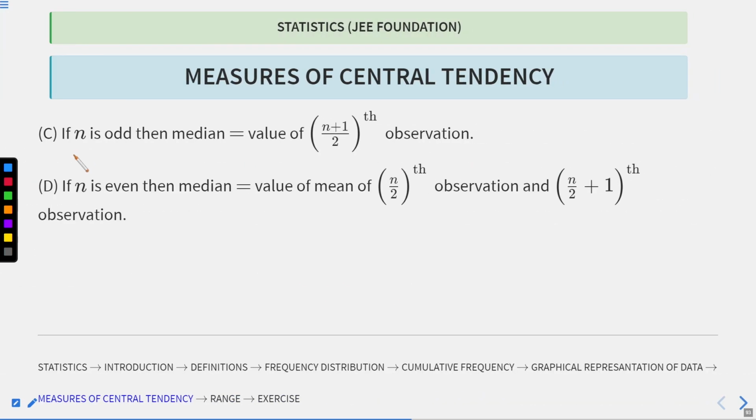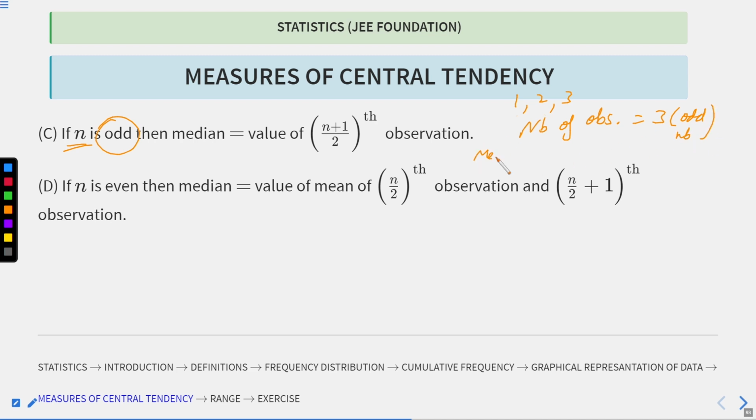Now if n is an odd number, then my median is the (n plus 1) by 2 th term. For example, my observations are 1, 2, 3, so here the number of observations is 3, which is an odd number.